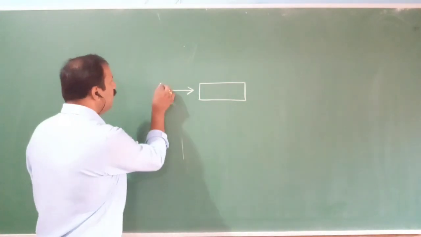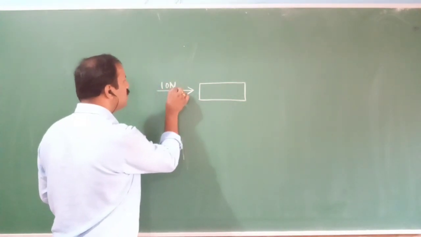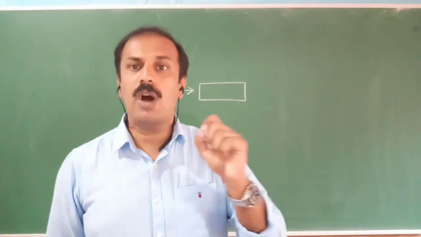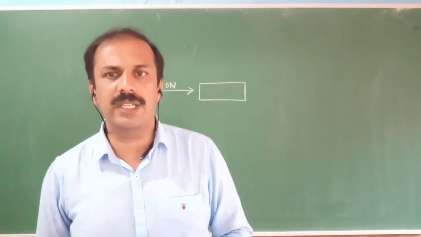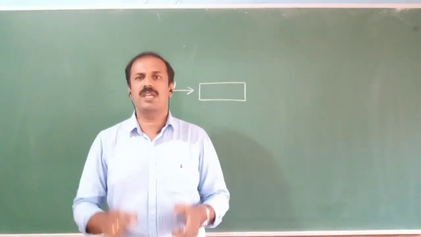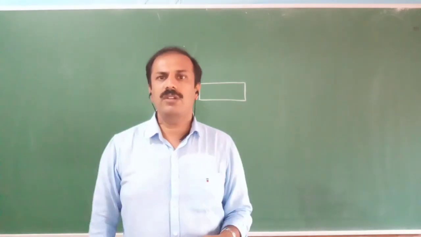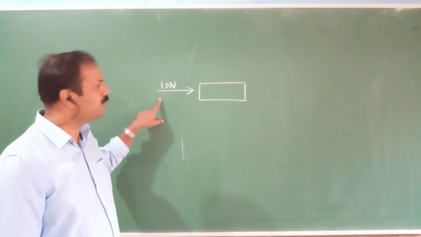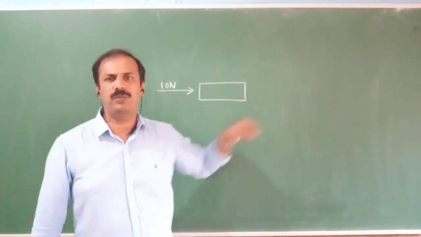For example, 10 Newton force is applied here. What is this Newton? Newton is the SI unit of force. How much is 1 Newton, we will discuss later. In the beginning, you should know that for force we have an SI unit called Newton. So 10 Newton of force we are applying on this object, so that this object will move in that direction.